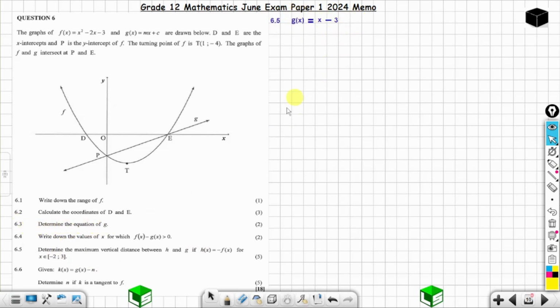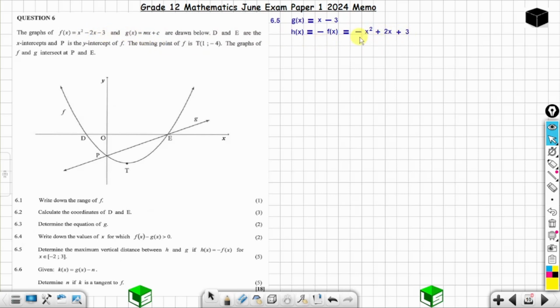This is g. Now h of x is equal to minus f of x. When you multiply f of x by negative 1, you are going to have h of x. So this is equal to negative x squared plus 2x plus 3.